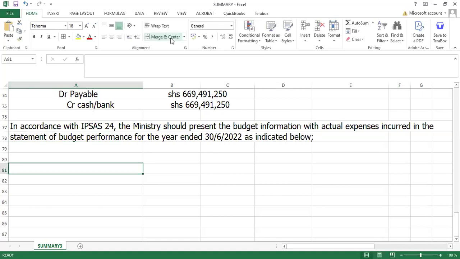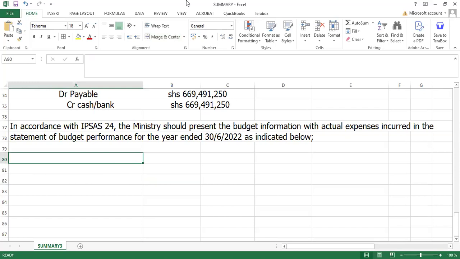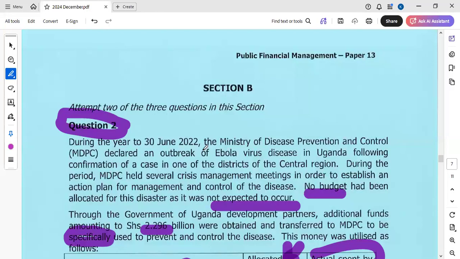So we needed to prepare our statement. What is the name of this entity? This is the ministry, MDPC.